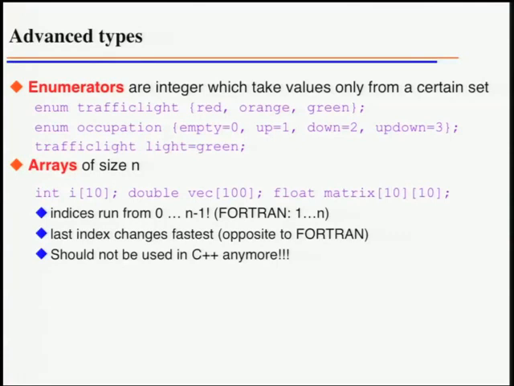So if you want the first value, you give the index 0. And the last index is n minus 1. So the first integer in here is I0, and the last one is I9. I10 is beyond the array and might give you all kinds of funny errors, which are hard to find. So all these arrays are C-style. C++ provides a lot nicer array types, which we will look into later on.